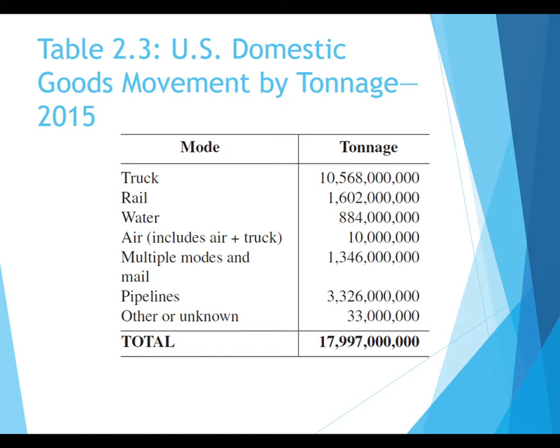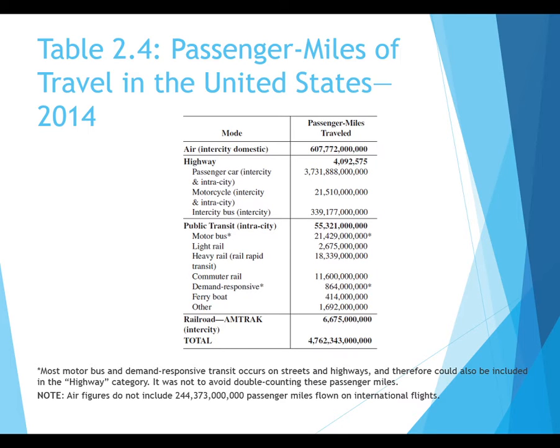And also we talk here about packages and mail, pipelines, and some other ways to transfer tonnage of freight. Freight transportation is a part by itself of transportation engineering. It's its own discipline, and it's an amazing discipline where we talk about how to move goods from one place to another, and it's a very interesting part of transportation engineering.